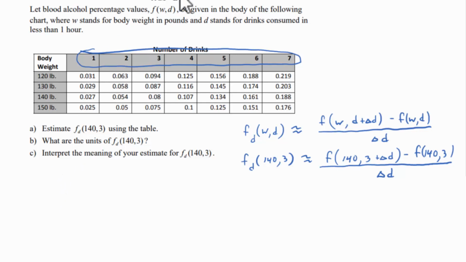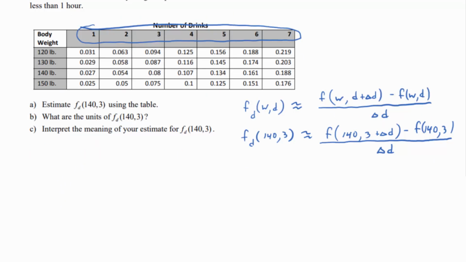Let me scroll down just a little bit. Let me do it for delta D equals positive 1 to start. So again, we're just going to fill in this formula.